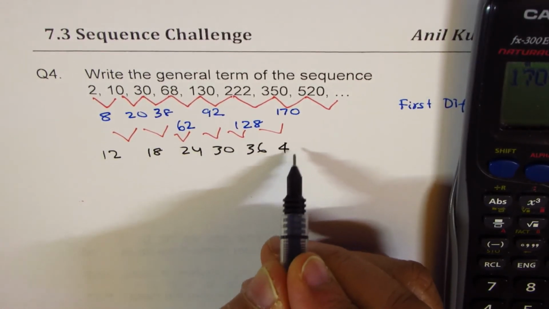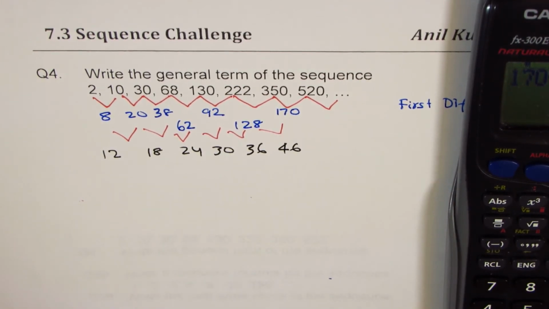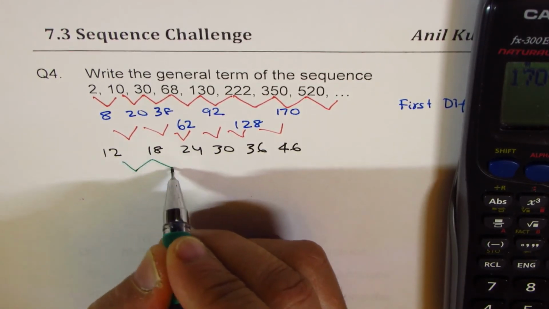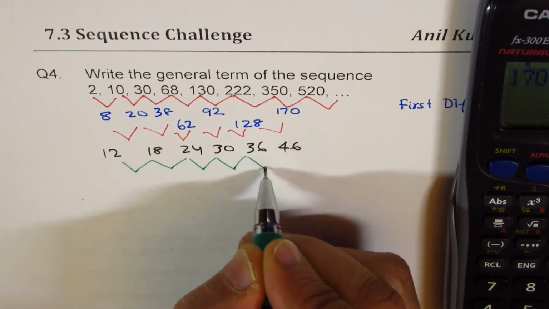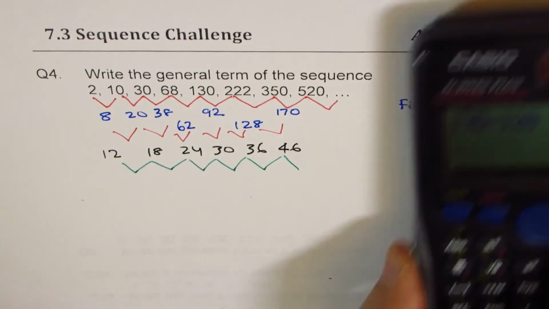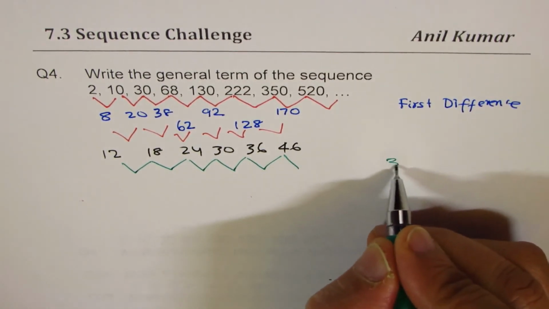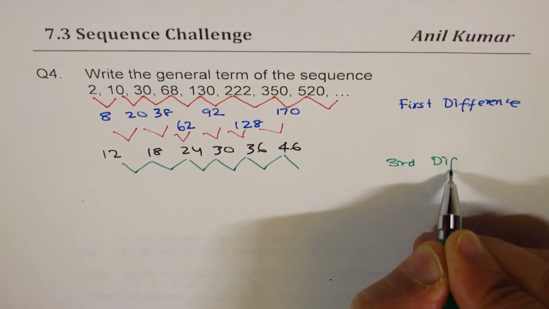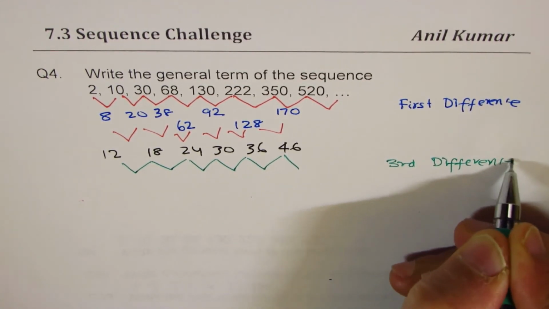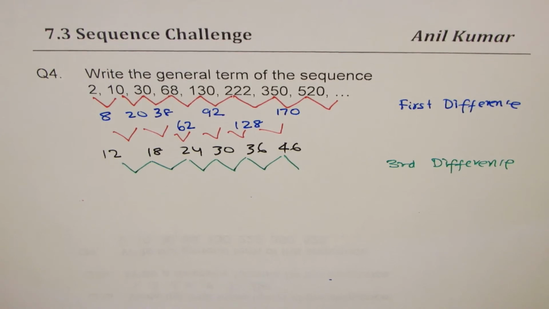Yes, they are going up by 6, and as expected, if I do the difference now, which is the third difference, correct? Earlier one was the second difference.